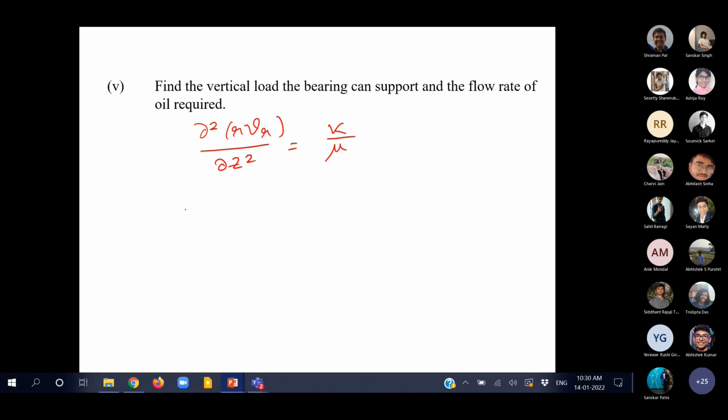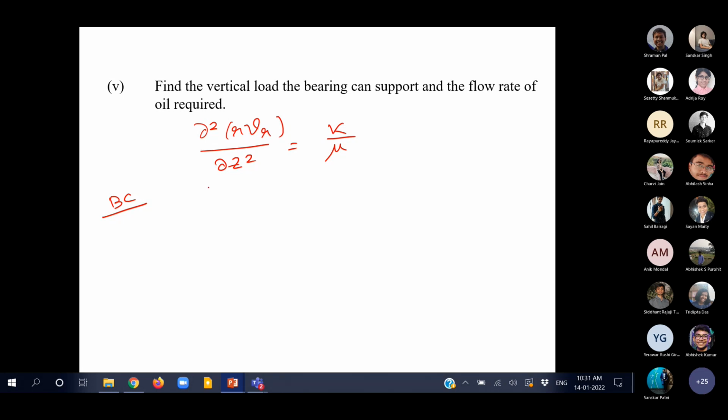And can you tell me what are the boundary conditions on VR that you could suggest? It's with relation to Z. Zero at the two plates. Zero at, no, not zero at the two plates.